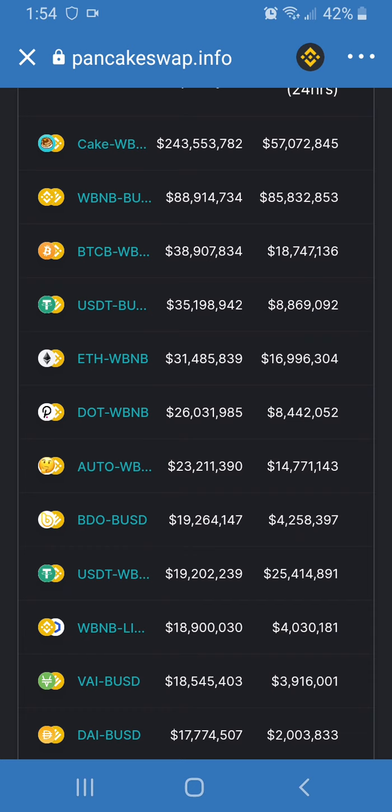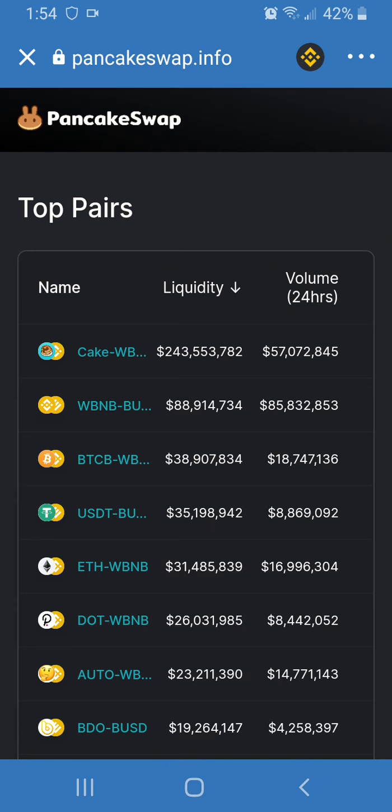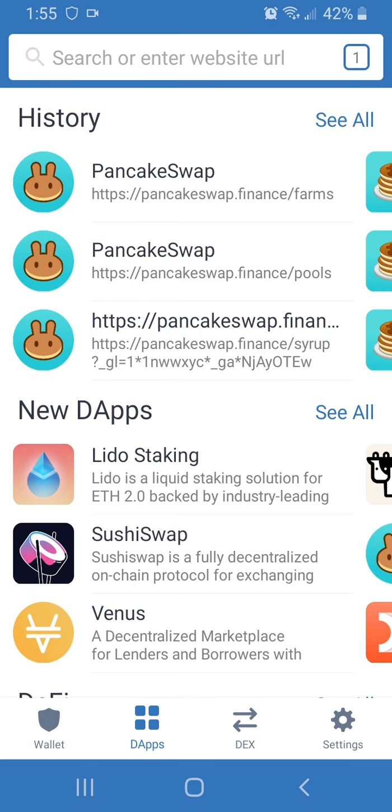You may get slightly more cake than BNB, but the fiat value, I think they base it off of a fiat. It's really, really close. So the ratio from cake to BNB changes slightly, but it's been pretty good.